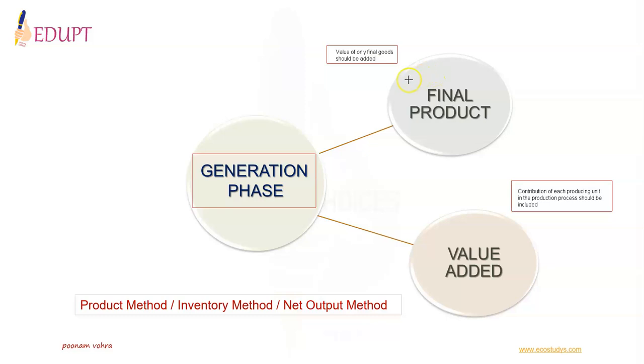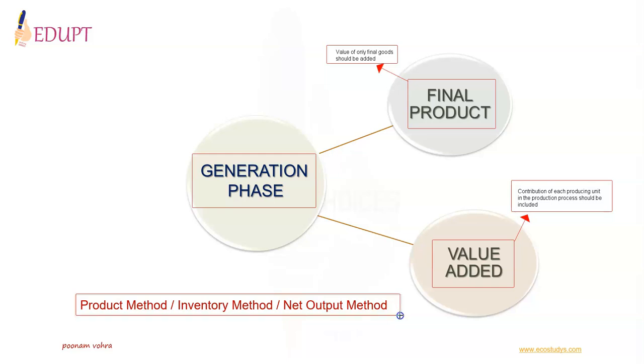Accordingly, one can estimate national income at generation phase by either final product method or by value added method. Value added method is also known as product method, inventory method, or net output method.